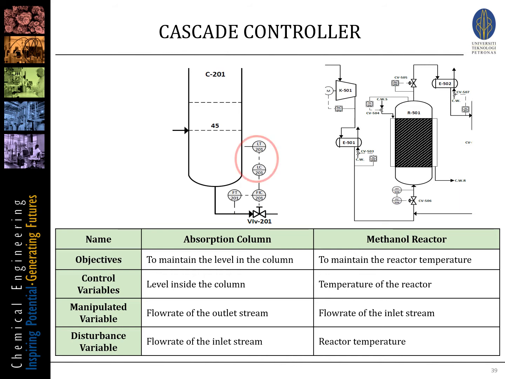For example, the level controller will read the level inside the absorption column and send a signal to the slave controller, which is the flow controller. The flow controller sends a signal to the valve to be adjusted toward the desired set point. The same working principle is applied in the methanol reactor to control the temperature.